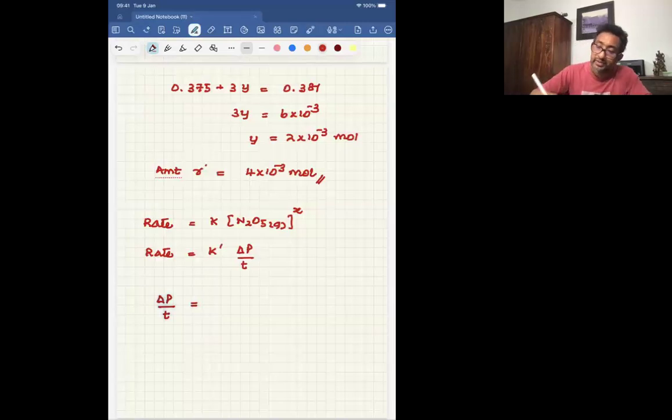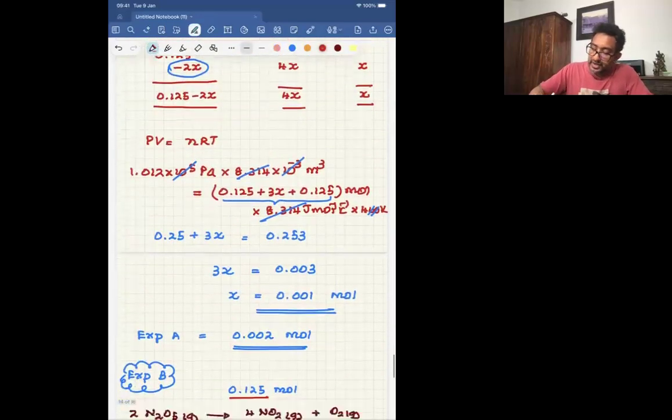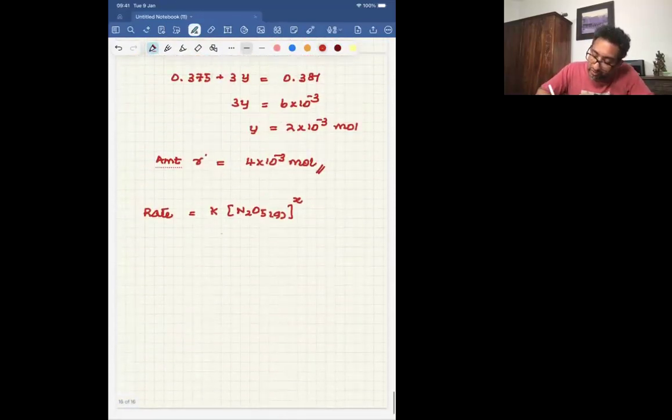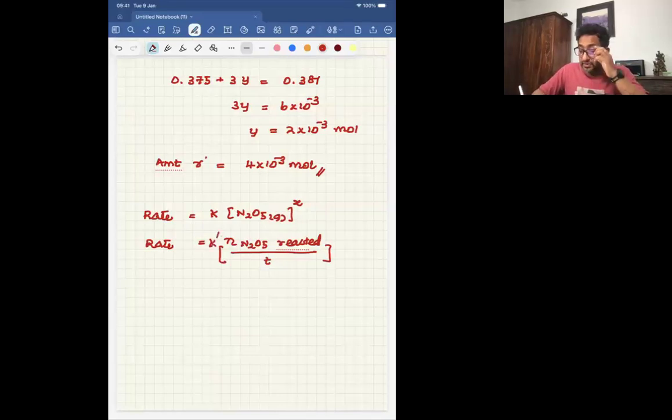I mean, they have given the pressure, sorry. Rate is equal to the number of moles of N2O5 reacted divided by time. Proportional, K dash, number of moles.